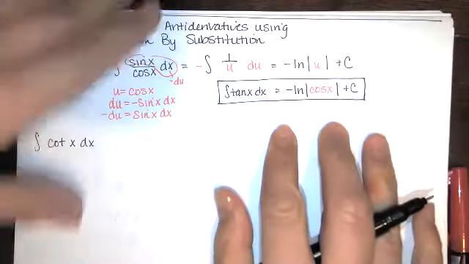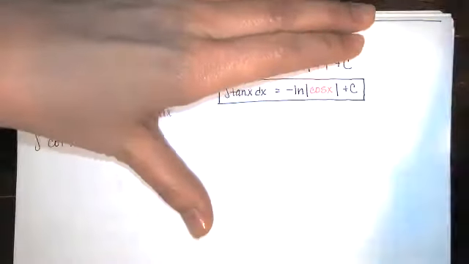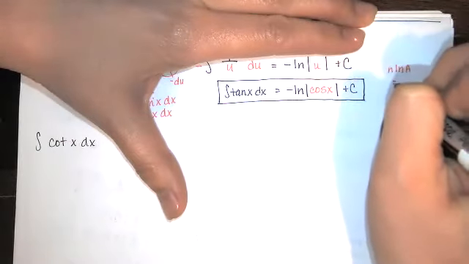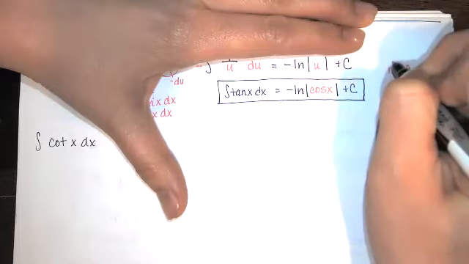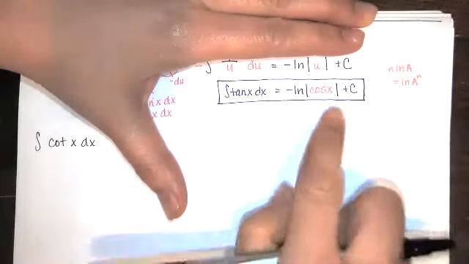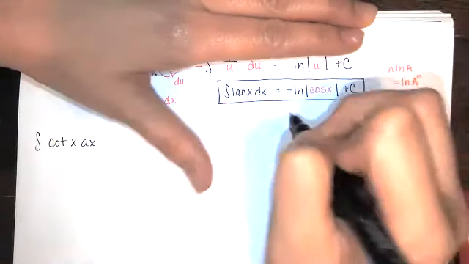But sometimes this one is written in another way as well. Remember this rule from algebra? If you've got a constant in front of a logarithm, you can bring that constant inside and make it a power. That's true here. So there's an extra -1 factor there.